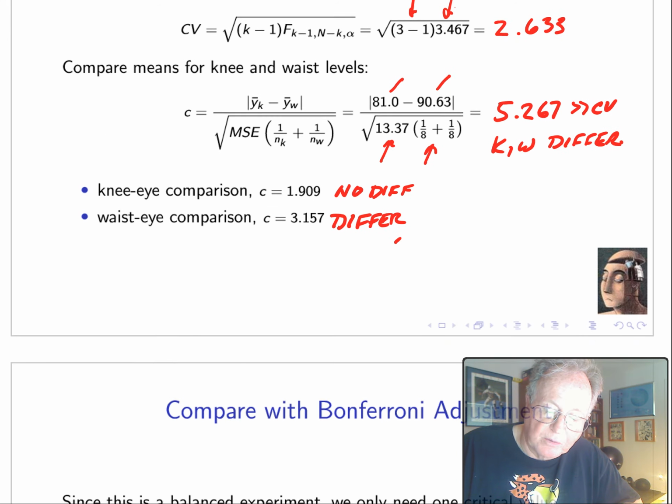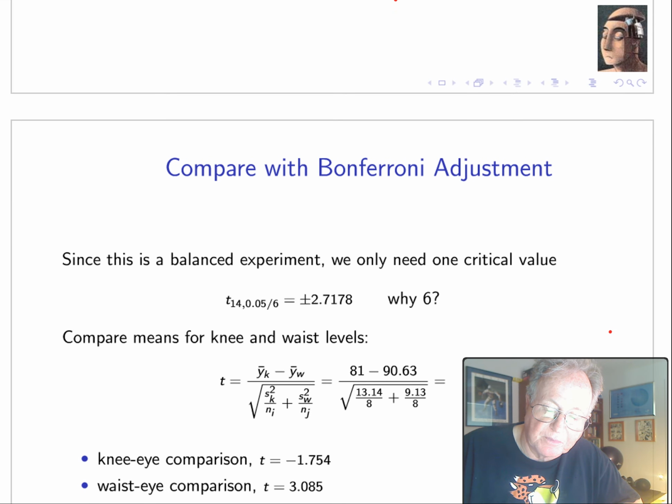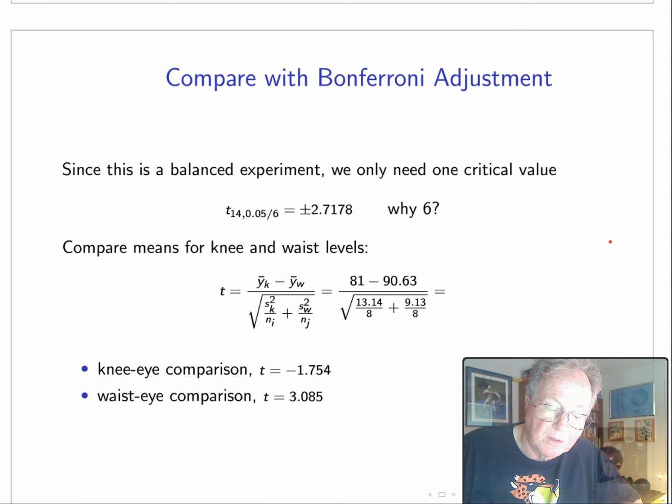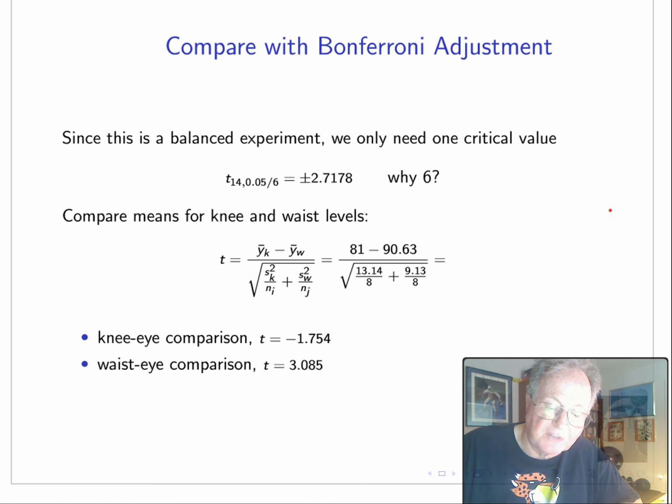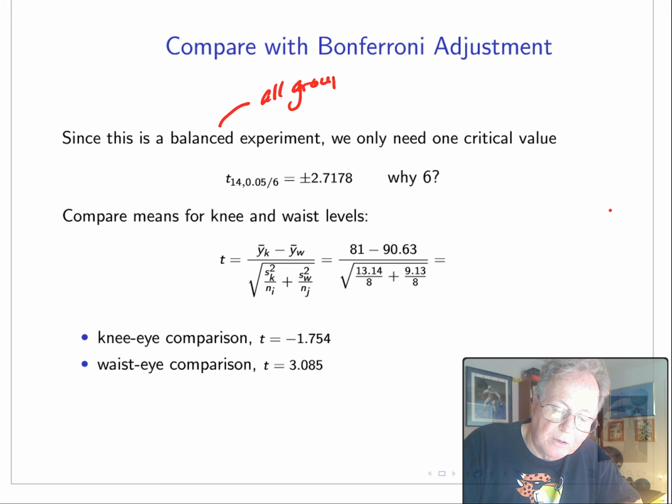How about with the Bonferroni adjustment? Well, since this is a balanced experiment, we only need 1 critical value. What do we mean by balanced? All group sizes are the same.